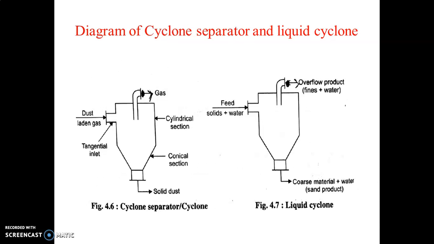There are two types of cyclone separators. One is used to separate gas plus solid particles, and the other separates solid plus liquid. This is called the liquid cyclone, and this one is called simply the cyclone. The remaining part of this unit we will discuss in the next lecture.